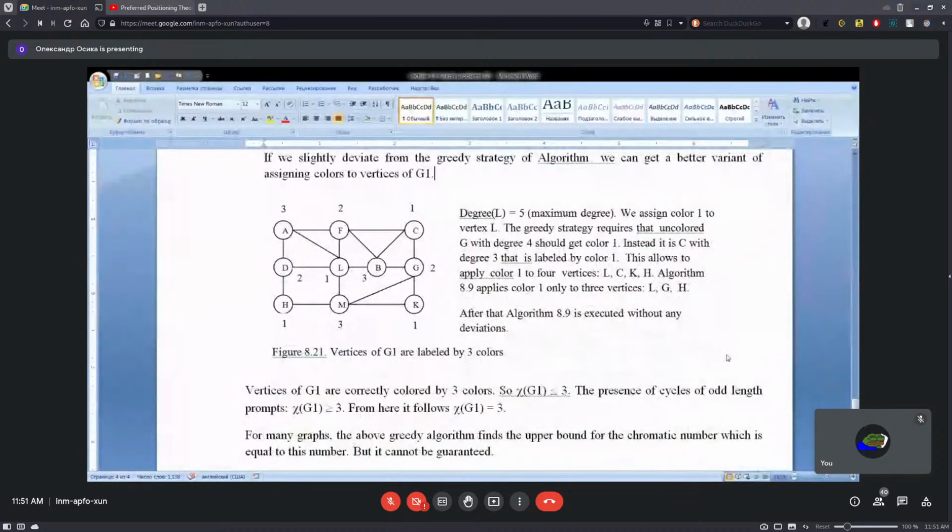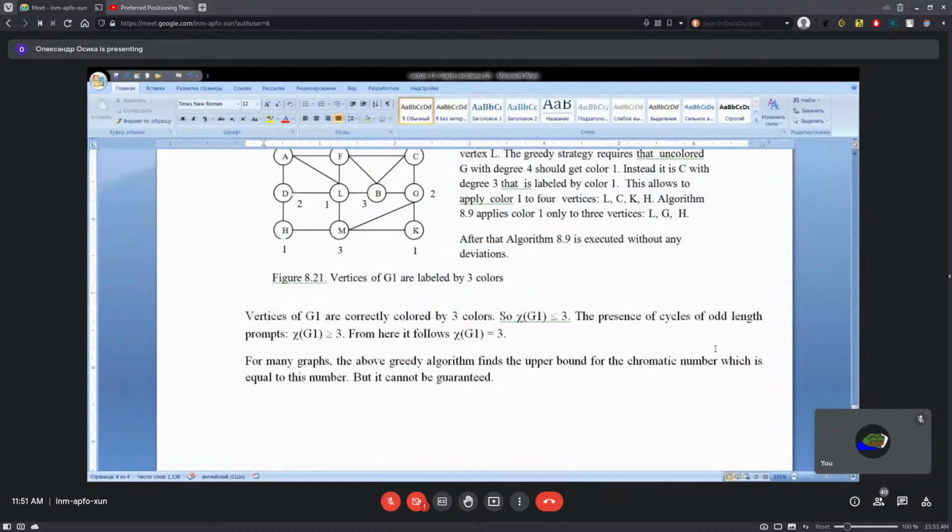Vertices of G are correctly colored. So now we can apply color 2 to F, G, and D, and color 3 to A and M. That's it. All the vertices are correctly colored by 3 colors.